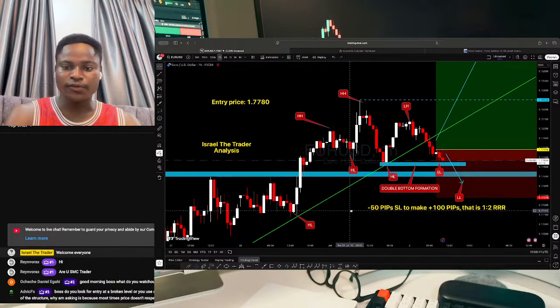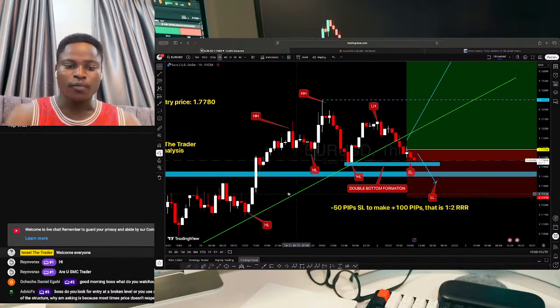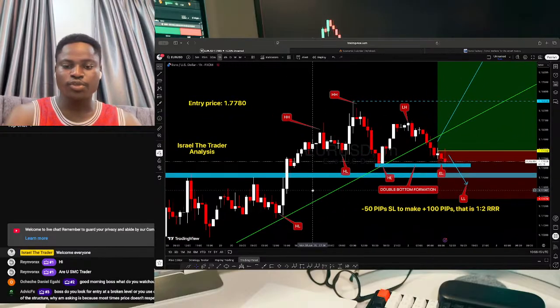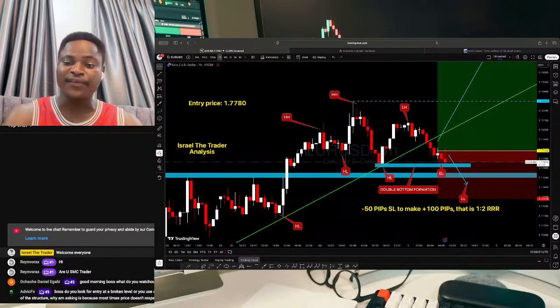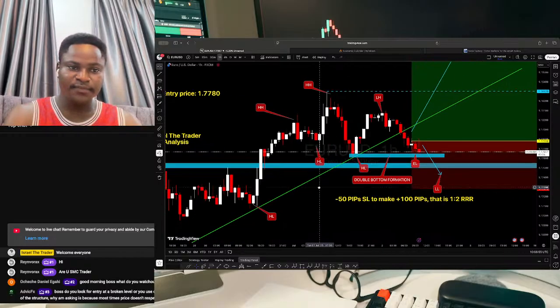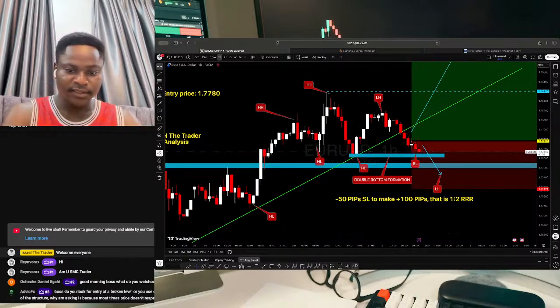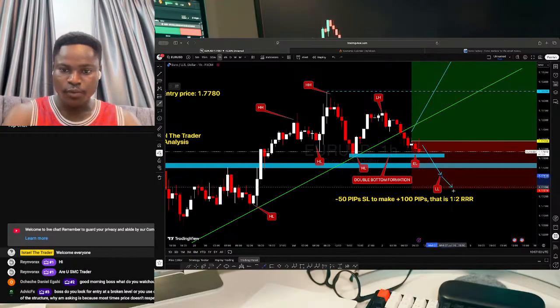Whenever we have this change of structure, the market might give us what we refer to as a trend reversal. So from there, you know what is going to happen next? We might see the market from here coming down to this point.